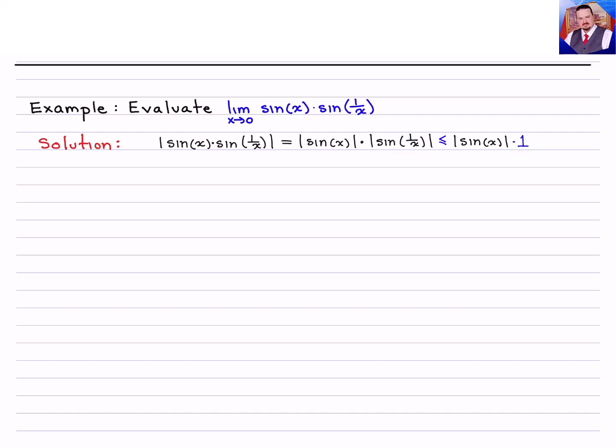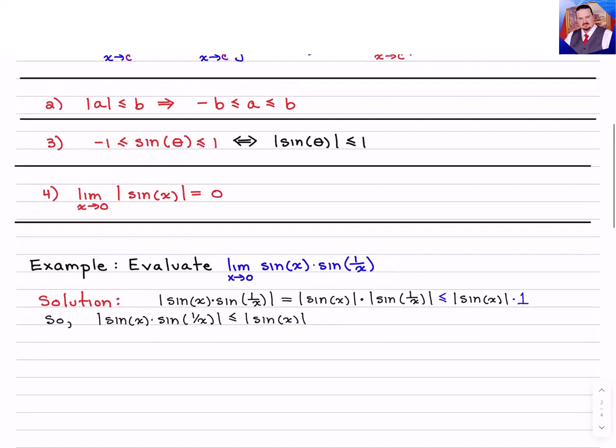Okay, so let's recopy and see what we have just so it's clear. So we've shown then the original problem in absolute value is less than or equal to the absolute value of sine x. And now this is our second little piece here. So this is the b, and the a is inside the absolute value here.